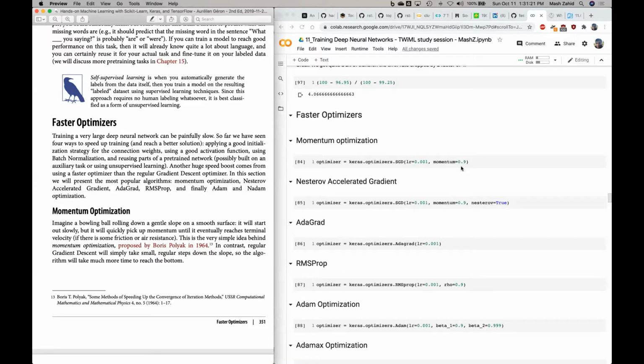It's merely momentum. If you look at how this entire concept gets encapsulated in the code, it's merely one more parameter following the learning rate to say momentum equals 0.9, or something lower like 0.2 and so on.